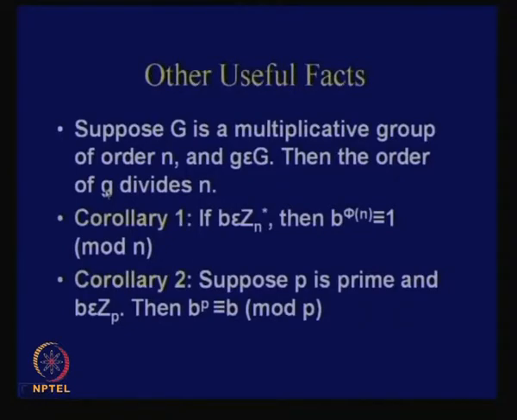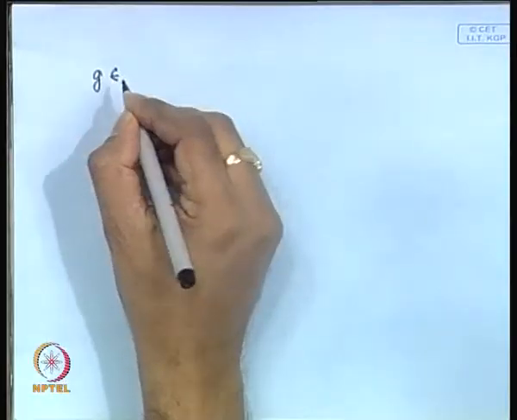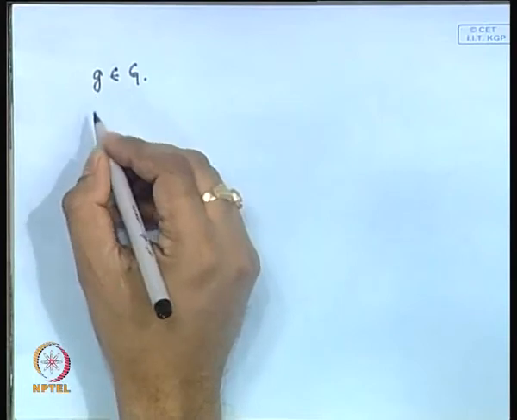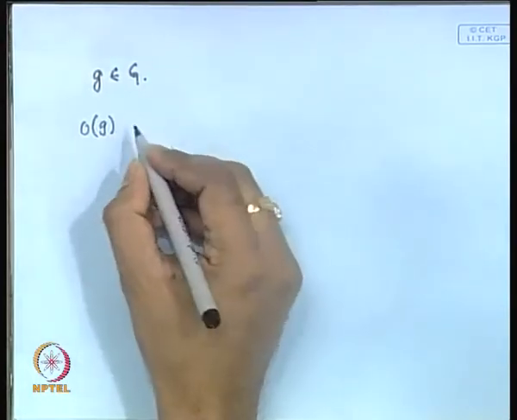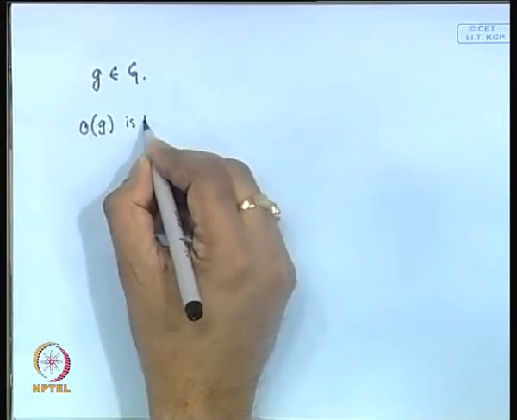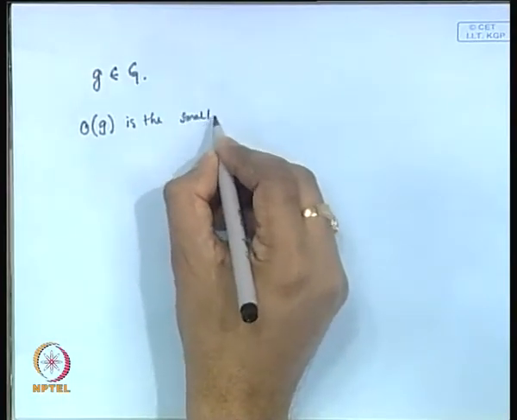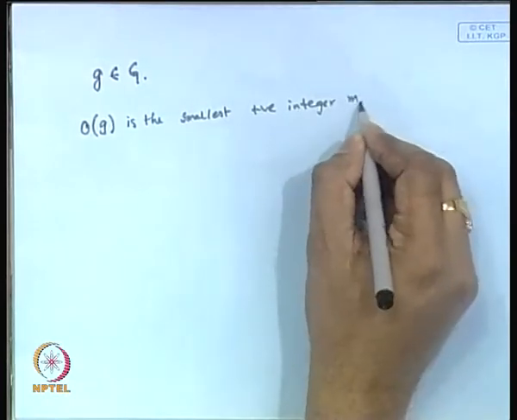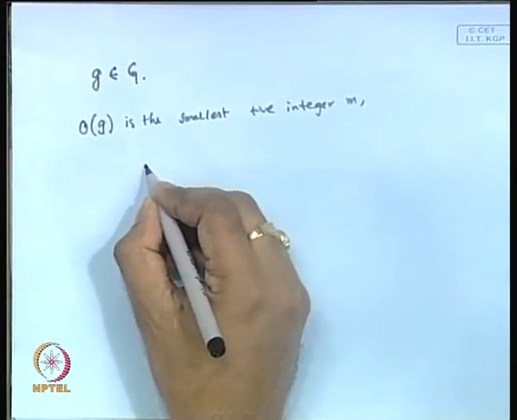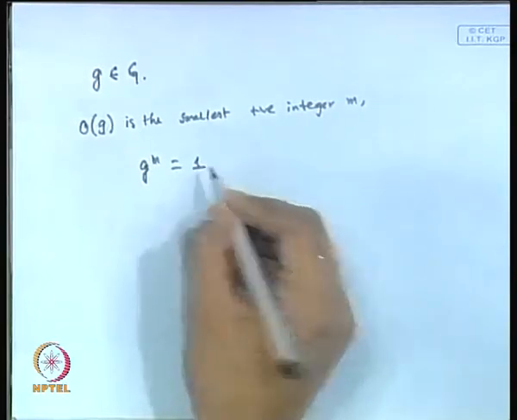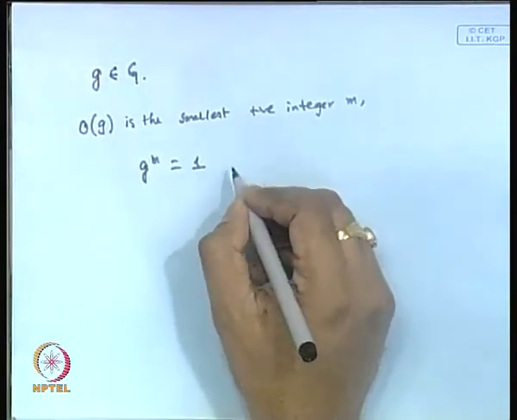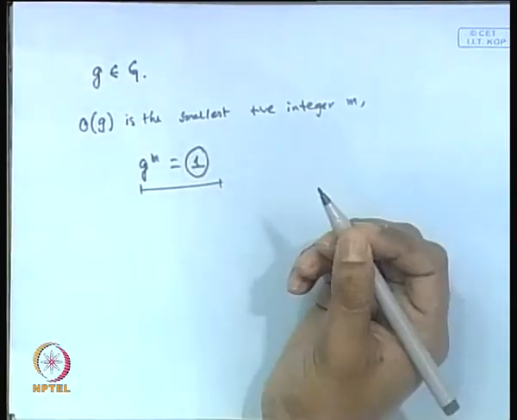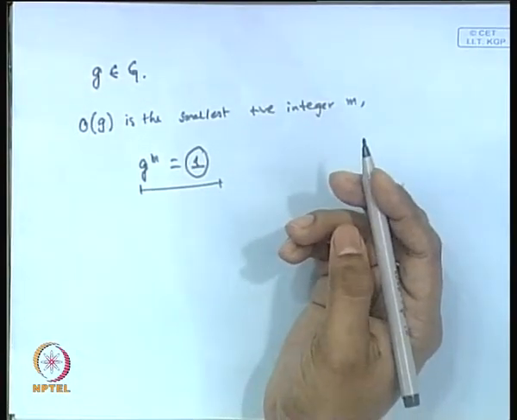Suppose there is a multiplicative group and there is an element g which belongs to capital G. Then the order of g, which I call order of g, is the smallest positive integer, say m, for which g to the power m is equal to 1, the identity element.